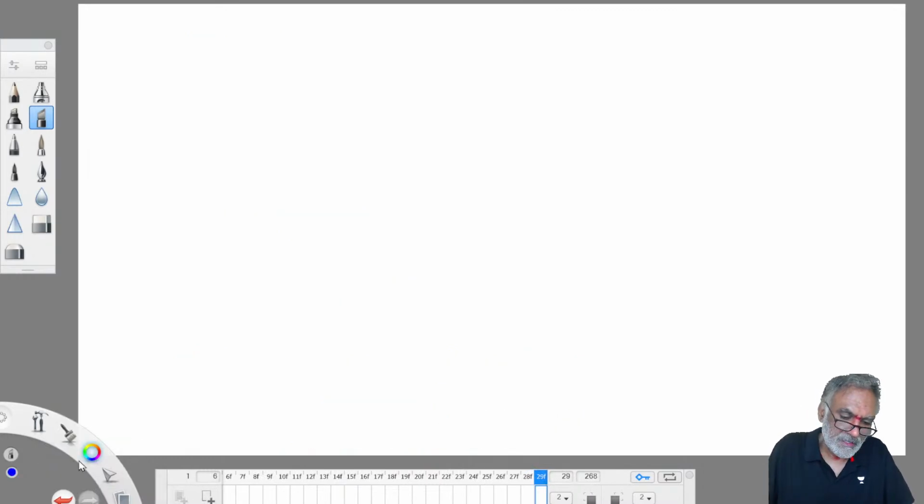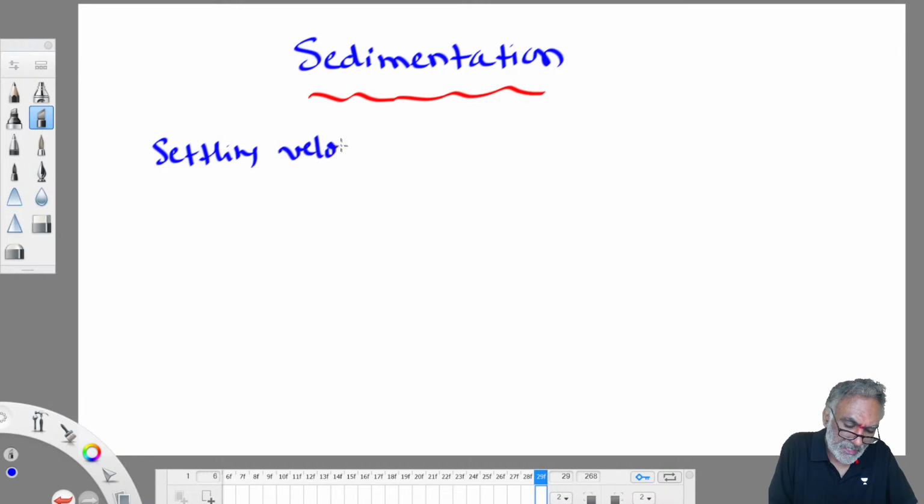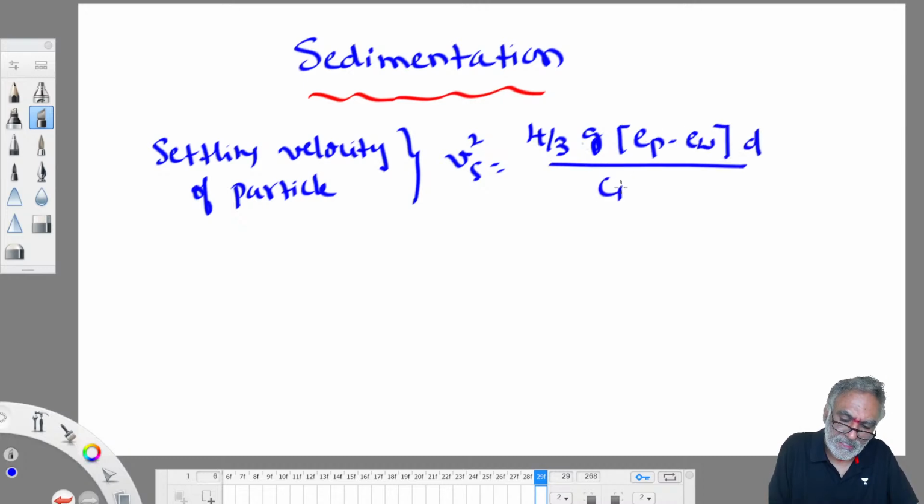So next topic is sedimentation. In sedimentation topic, so many formulas are there. First, we work out settling velocity of the particles, by using Stokes law. The Stokes law is Vs square is equal to 4 by 3 into g into (rho P minus rho W) into D by (CD rho W).